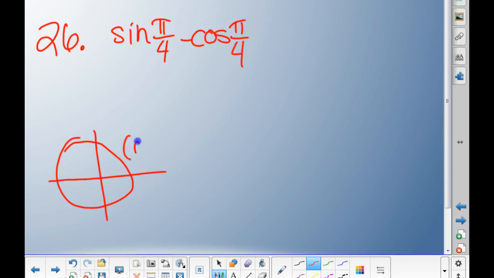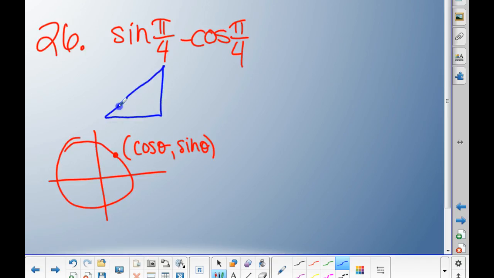Do you remember the first number in every ordered pair is just the cosine? And the second number in every ordered pair is just the sine. So if you went around to pi over 4 and you found this, you'd have both the cosine and the sine, which is square root of 2 over 2 and square root of 2 over 2. But for a minute, I'm going to pretend you don't have that.